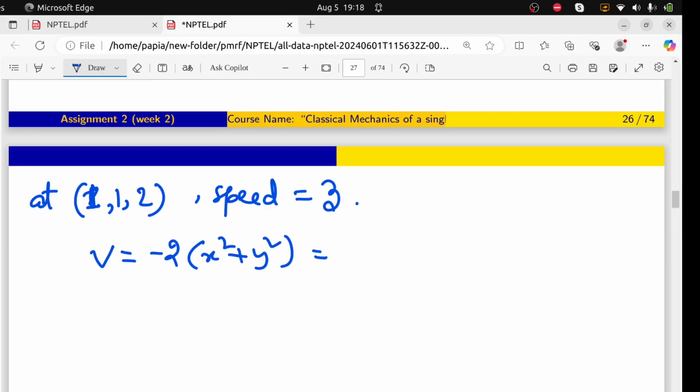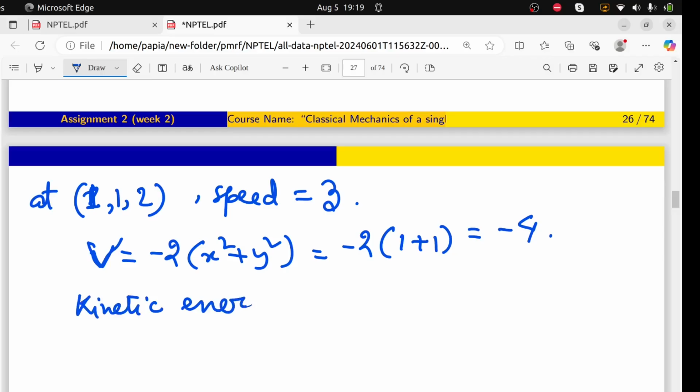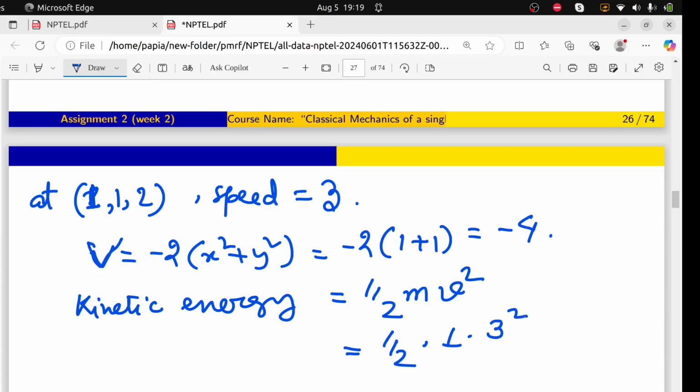So at 1, 1, minus 2 into 1 plus 1 is minus 4. Okay, so this is the potential energy, capital V. Now what is kinetic energy? It is half m v squared. Half m is 1/2, v is 3 squared, so it is 9/2.